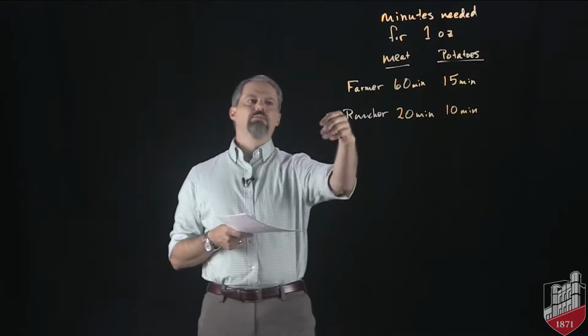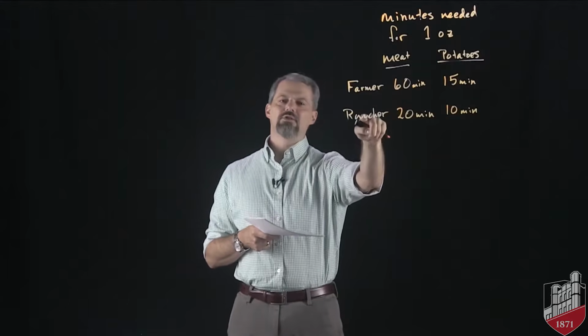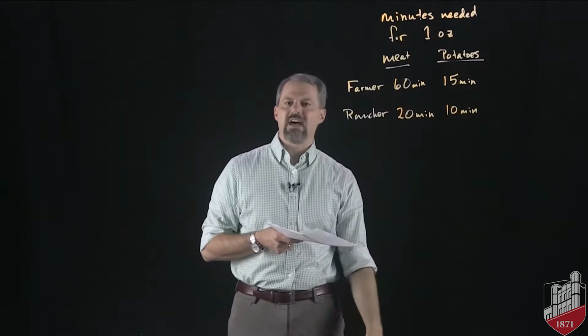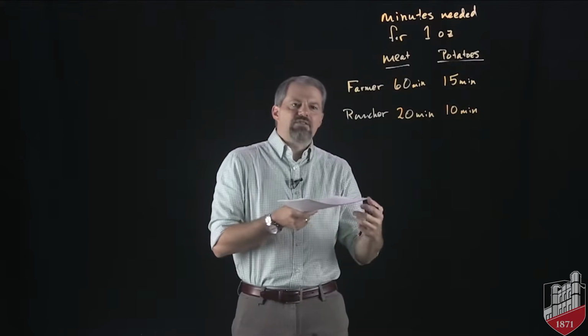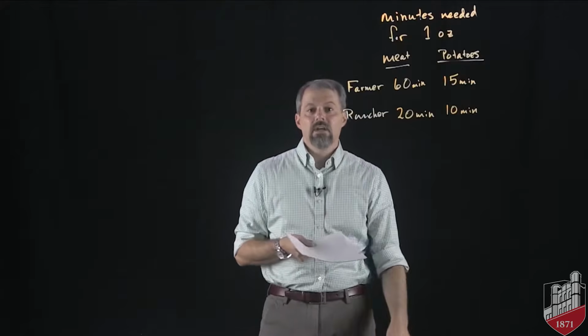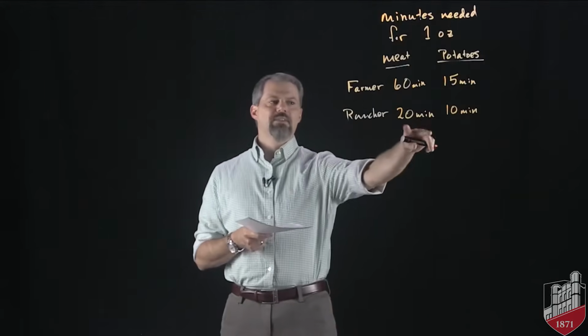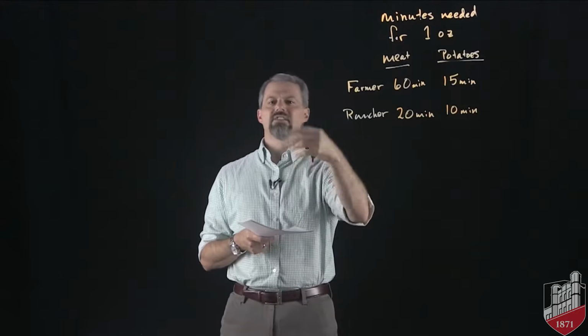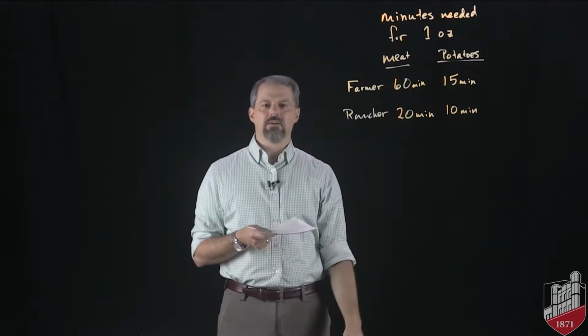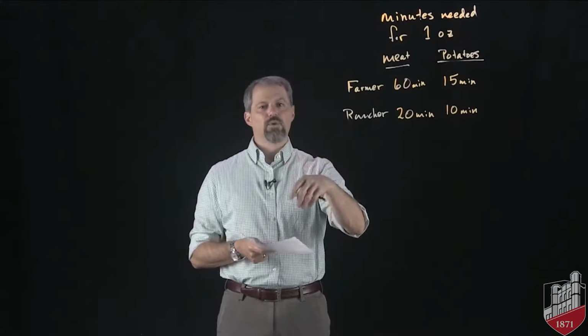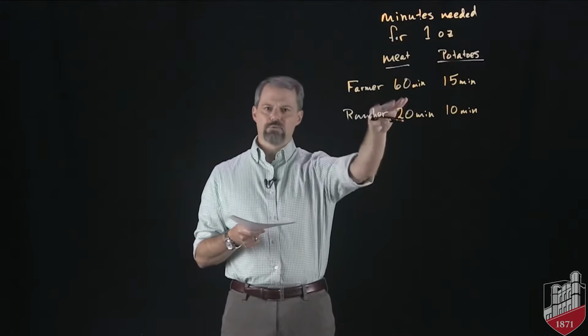So in terms of both meat and potatoes, the rancher can make them faster than the farmer. You might think about that as the rancher being more productive. Hopefully you know that this tells us that the rancher has the absolute advantage over the farmer in production of both meat and potatoes. But hopefully you also remember, and we'll review this, that that doesn't really matter.